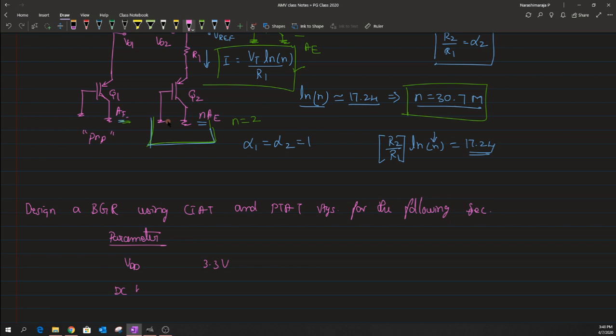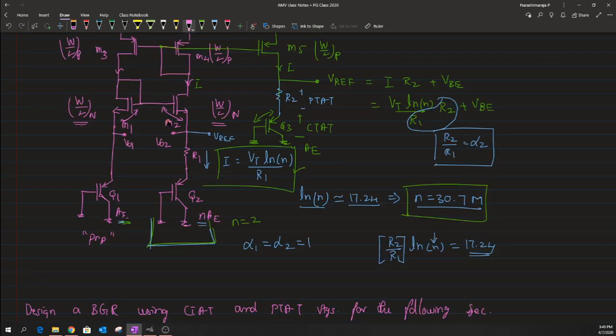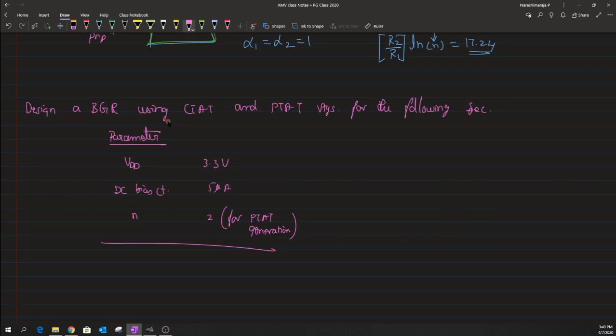So in this case the factor of n applies only for the second branch of the Q2 transistor. Do not apply it for Q3. I hope that it is clear. So I want you to design this entire circuit based on this.